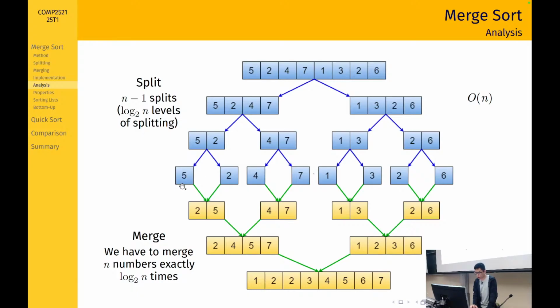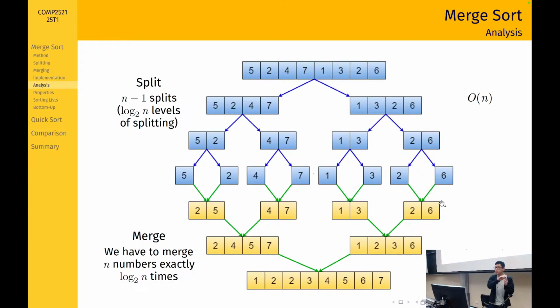Remember when we analyzed merging, the cost of merging is O(n), where n is the number of elements in the two subarrays. So the cost of merging these two subarrays, the 5 and 2, is around 2 steps, or 2 comparisons. And same for the 4, 7, the 1, 3, and the 2, 6.